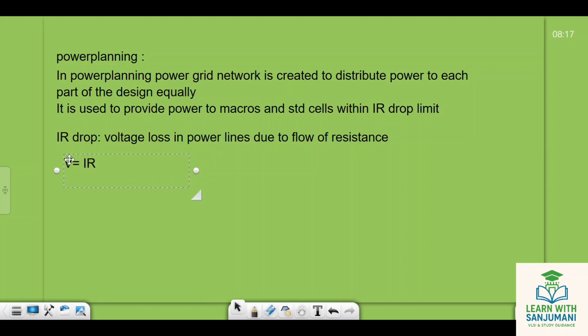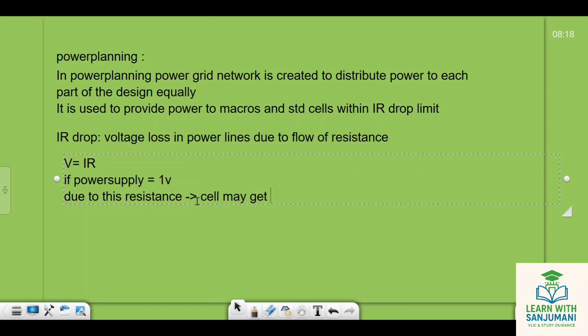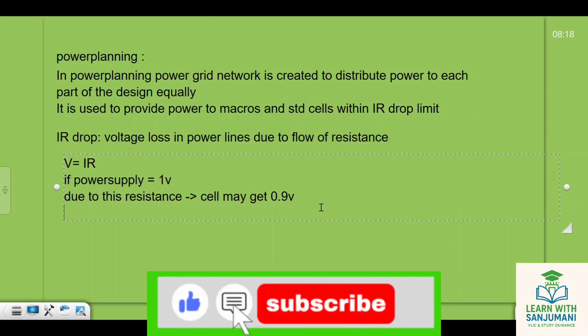Let's take a simple example. If the power supply is equal to 1 volt, then due to this resistance value, the cell may get only 0.9 volt. Where is the 0.1 volt? That is the loss of IR drop. So that's why IR drop is considered in the power planning as well.